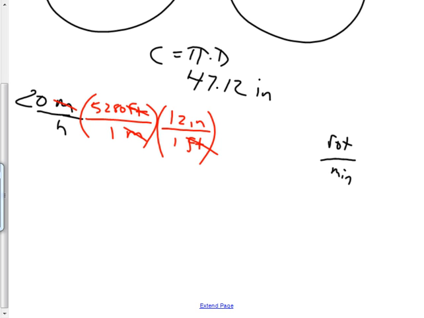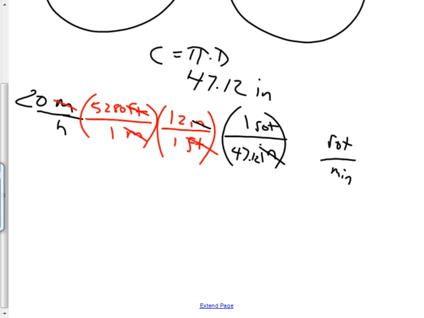I'm getting closer. Because inches, now I can change inches to rotations, right? So then I go inches down here, so it cancels. And then, what do I know about inches and rotations? 1 rotation, say it. Yes, 1 rotation's 47.12 inches. Now my inches are canceled.